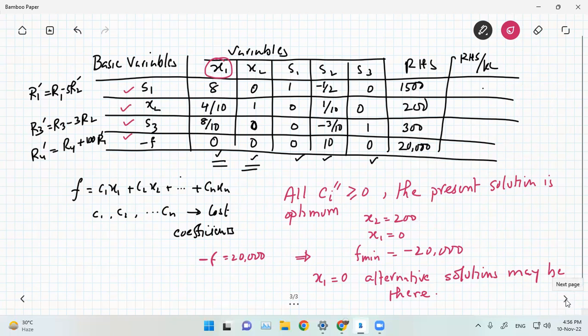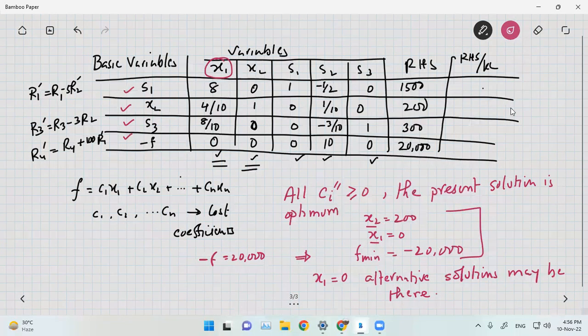To find out the infinite number of them, we already have one solution, so we actually have to have at least 2 points or 2 solutions. So this is maybe x1 star, x2 star. Then we should have another set of x1 star and x2 star. That will eventually give us the way to figure out the rest of the solutions.